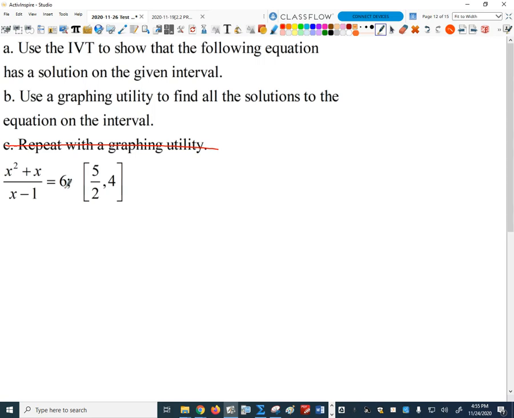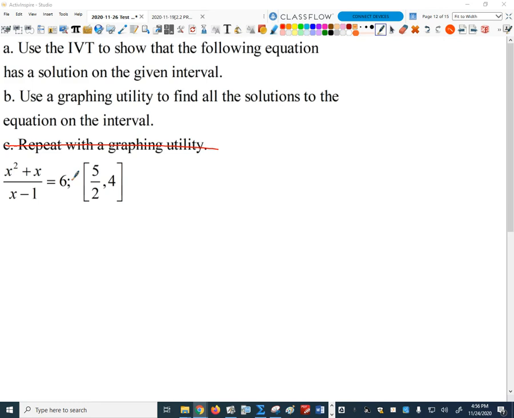The criteria are just that the function is continuous on the closed interval, and the value of the function at the left endpoint and the value of the function at the right endpoint are going to surround the value that we're interested in.